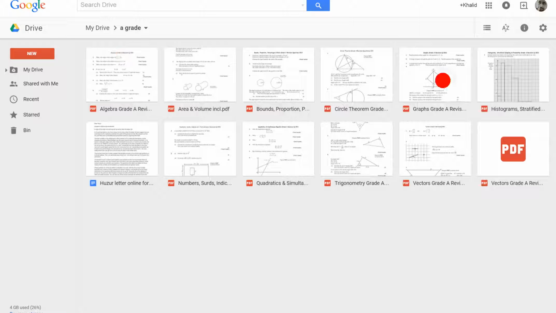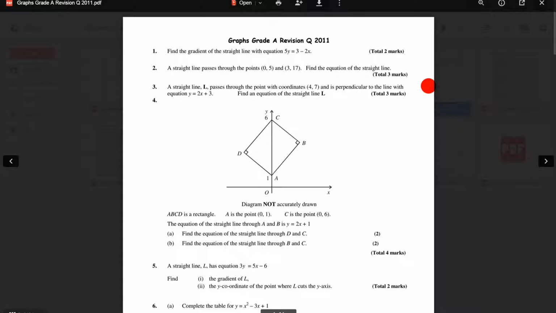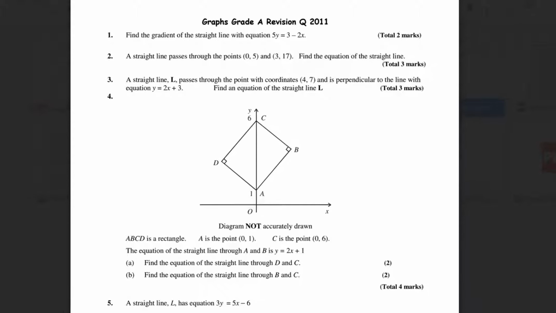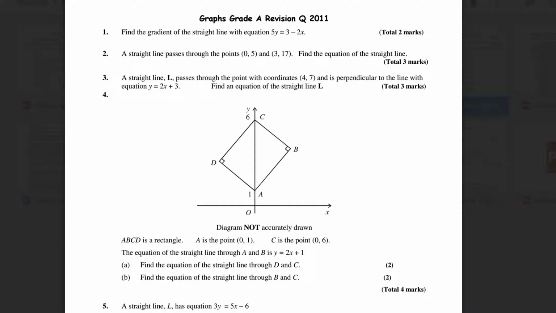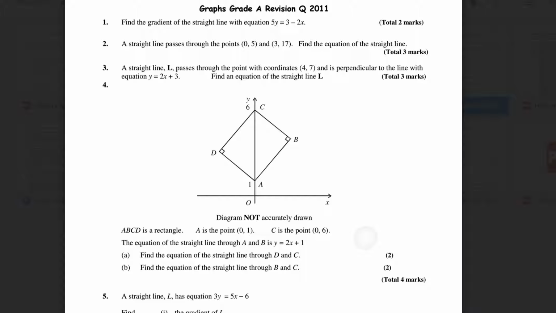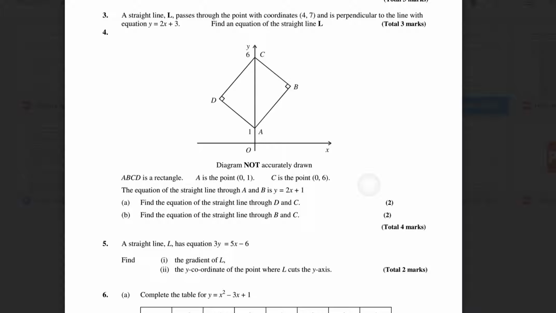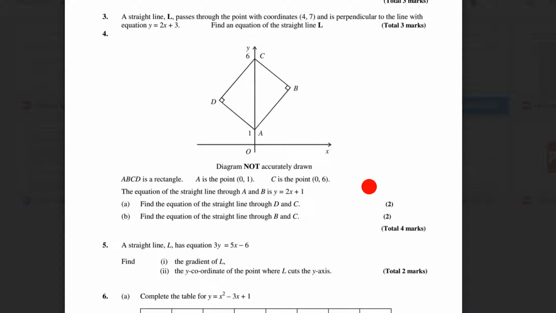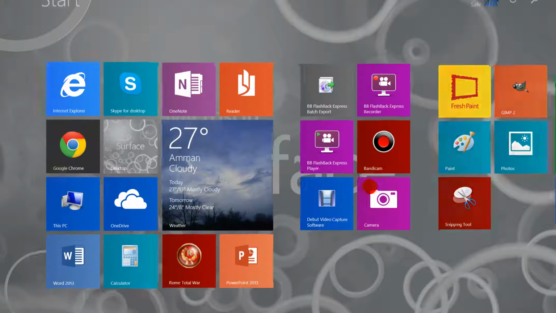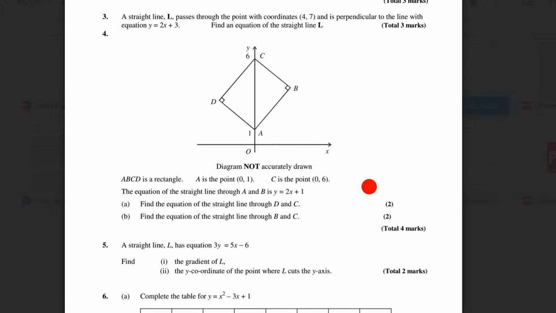Graphs. Yes, this is a great one. I can see it already. Is it loading? Okay, so quickly, we'll have a go at question 4, because it's got a nice picture. I'm just going to grab it properly with this thing.